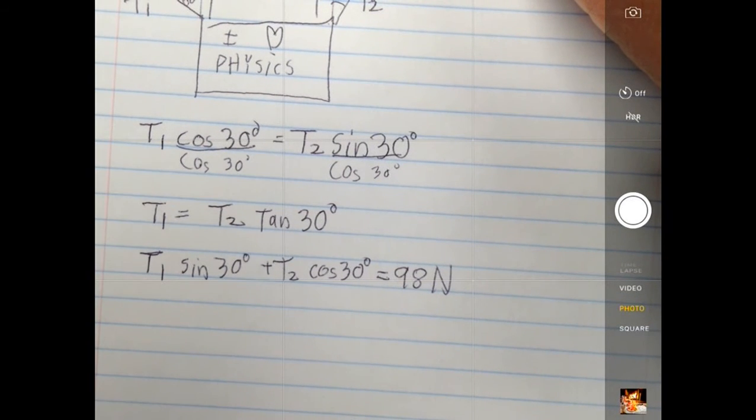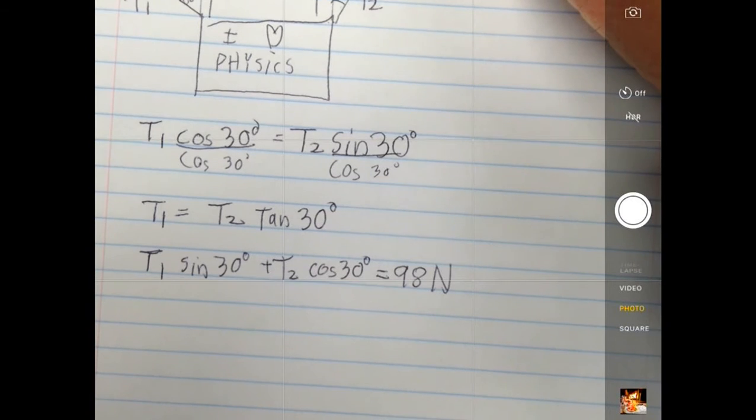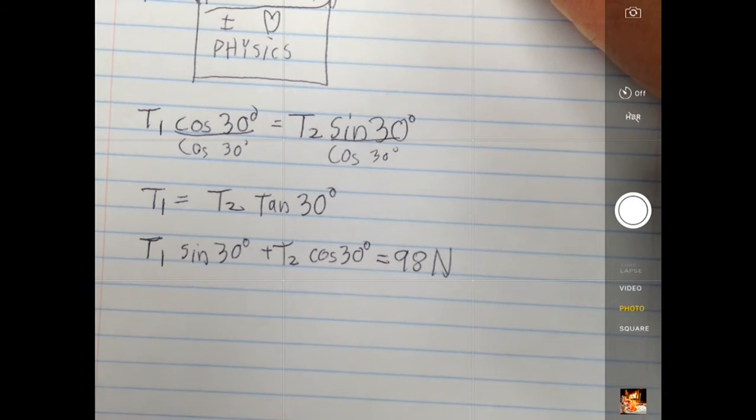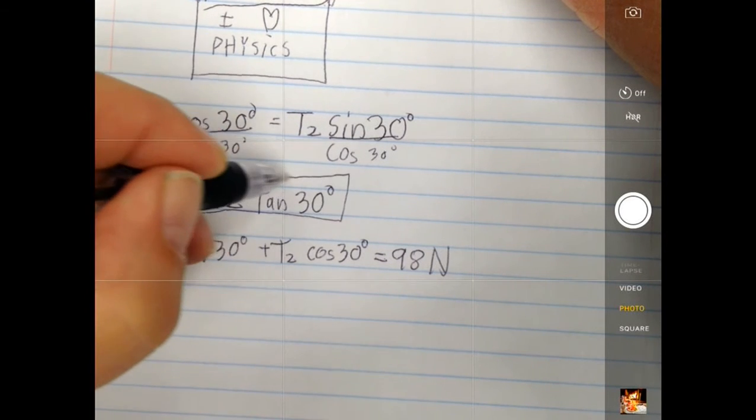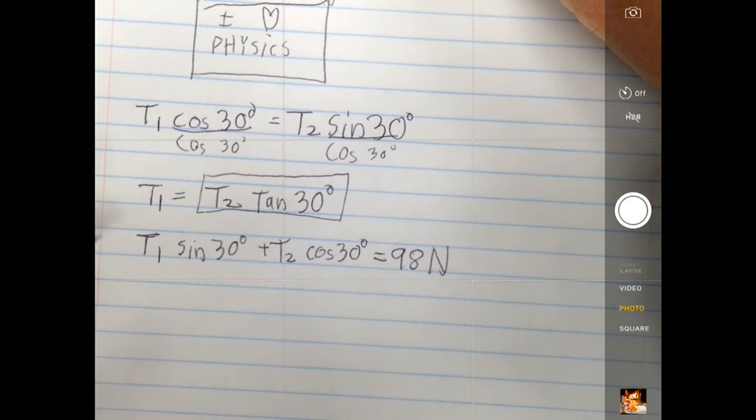I now have two equations, two unknowns. I can solve them by graphing, by substitution, by taking the inverse matrix, by converting them to polar coordinates, by typing it in to Google and asking it to solve it. I'm going to solve by substitution. Wherever I see a T1, I'm going to replace it with a T2 tangent 30 degrees.